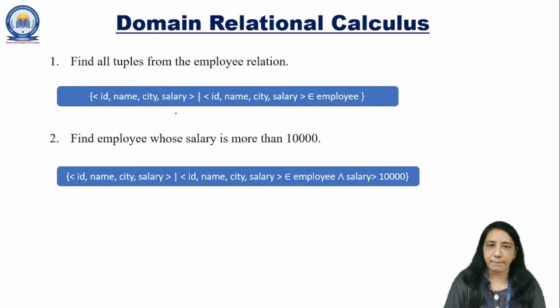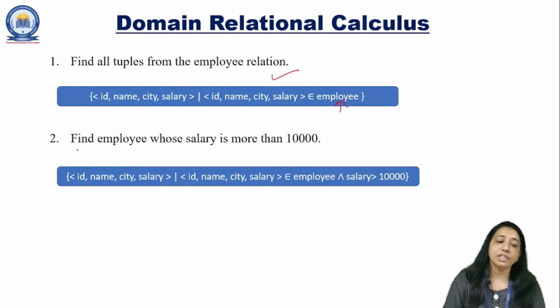In relation employee the attributes are emp_ID, emp_name and so on, but here we have to specify the domains, where each domain belongs to the employee. So it will give the information of employee as output. You can see that we have taken the same query for all three, whether domain, tuple or relational algebra, so you can easily find the difference between all these three.